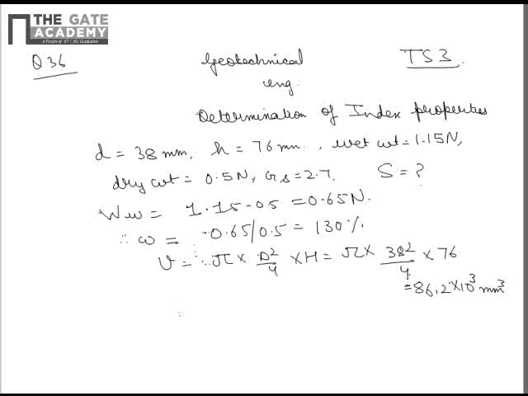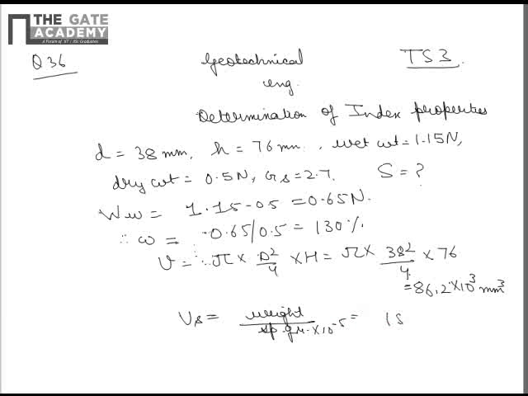Now let's talk about volume of soil. That will be weight of dry soil divided by specific gravity into 10 to the power minus 5 for relevant conversion into suitable units.